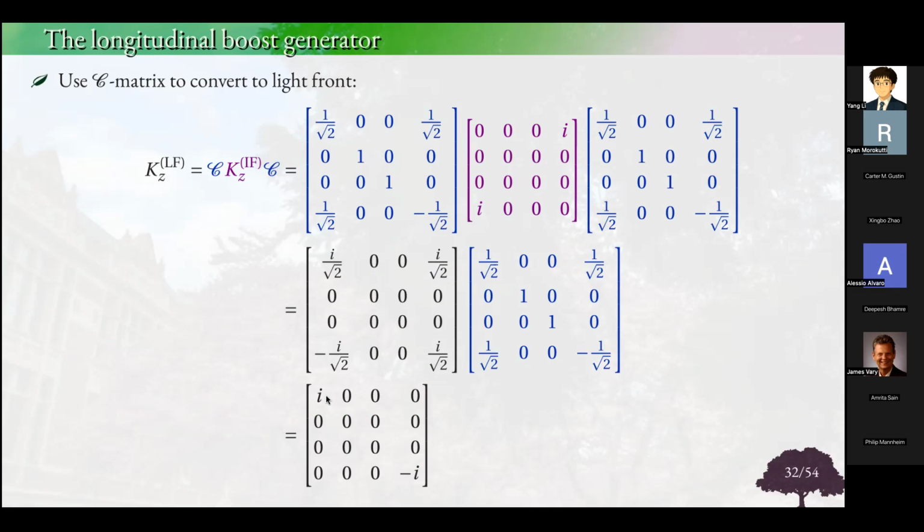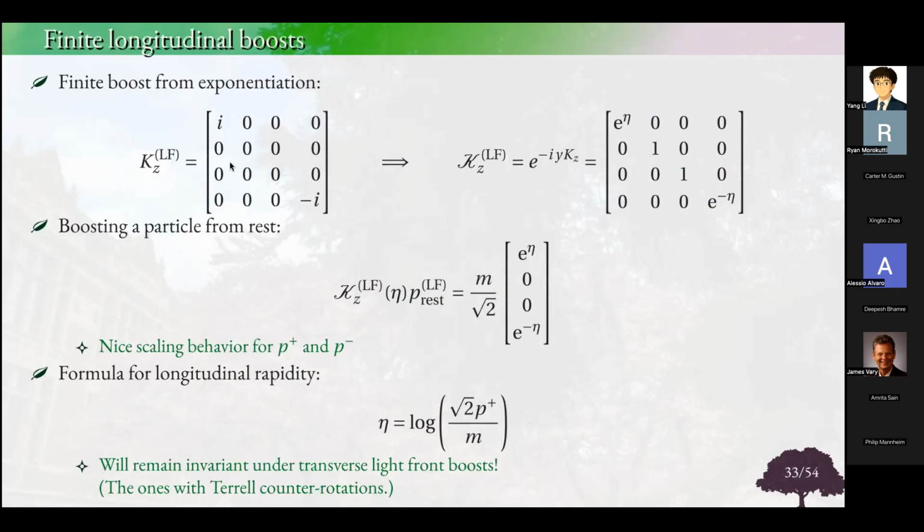You get two non-zero components, which are both diagonal: I in the upper left and minus I in the lower right. This is really neat because when you exponentiate it, you end up getting e to the eta for your top left component, e to the minus eta for your bottom right component, and for the other diagonal components, you just have one.